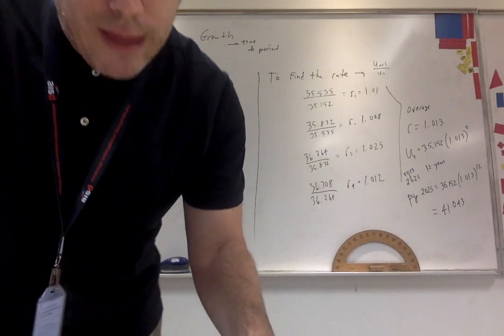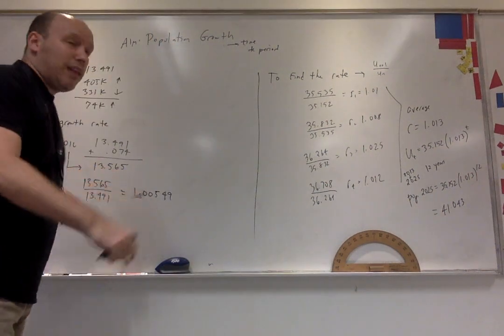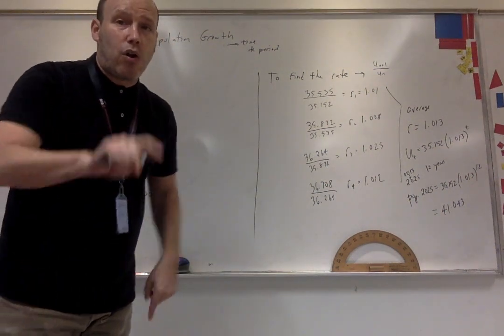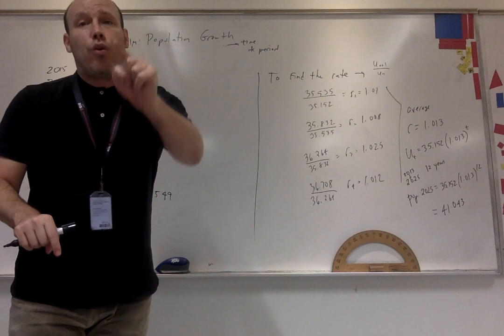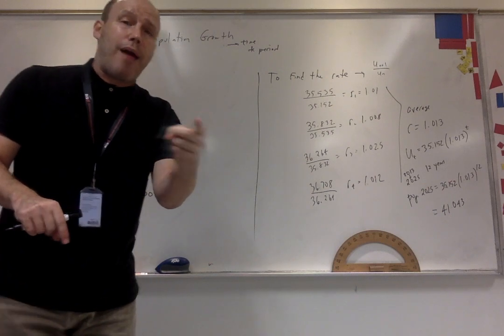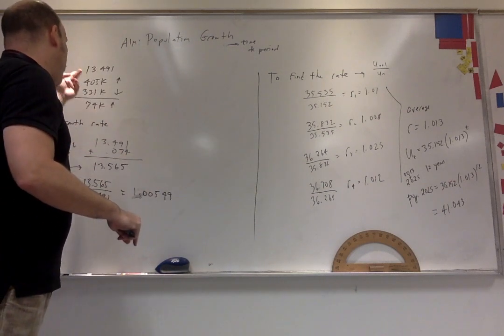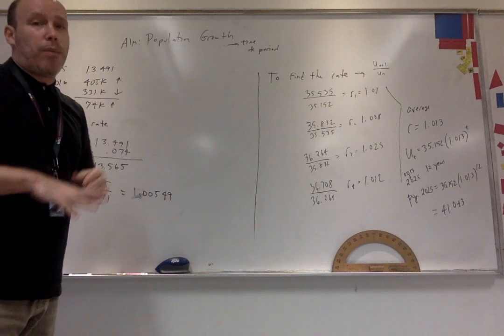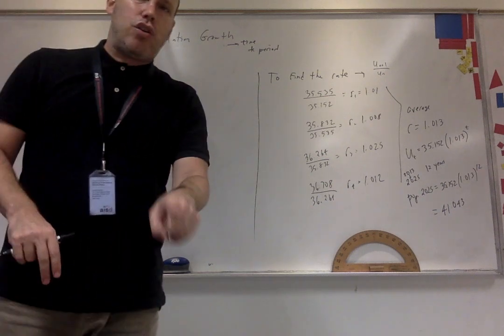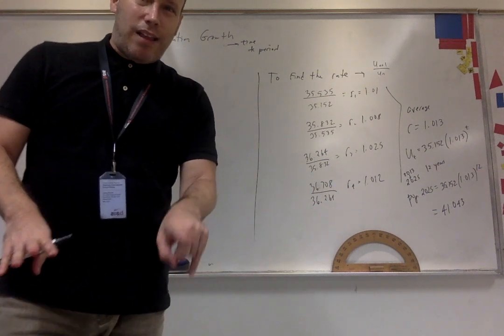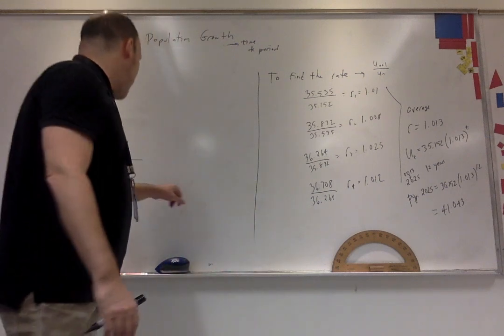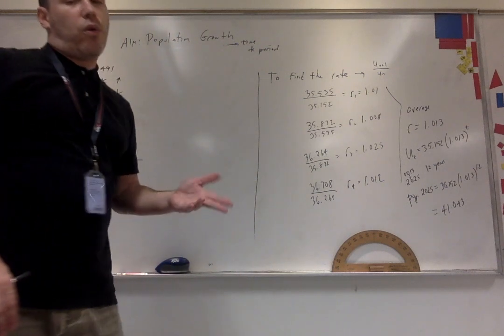Now here's the great thing. Just write that down, leave that number in your calculator, raise that number to the power you need, multiply it by the initial amount, and then it'll take you to the final population. Let the calculator do the work. Don't worry about the decimals.